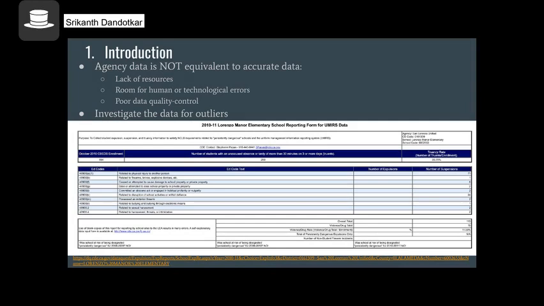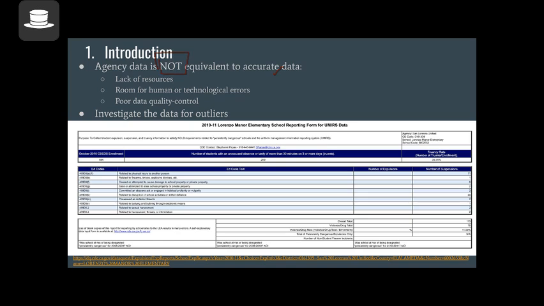There are several reasons why the data that you've downloaded from the agencies may not be reliable and accurate. So just because you're collecting data from the agency does not mean that it's accurate. Well, it may not necessarily be intentional.